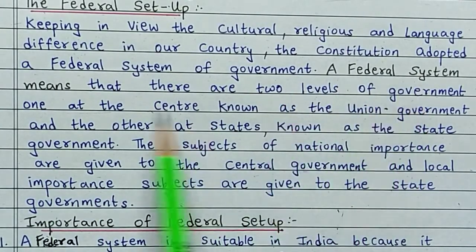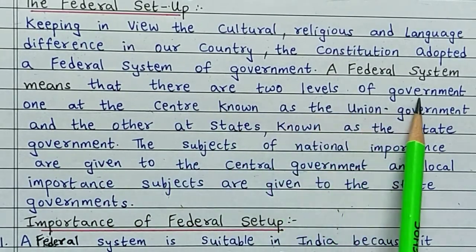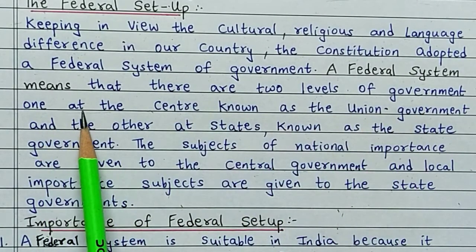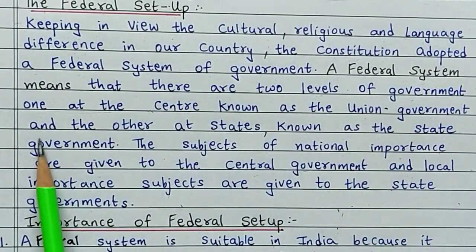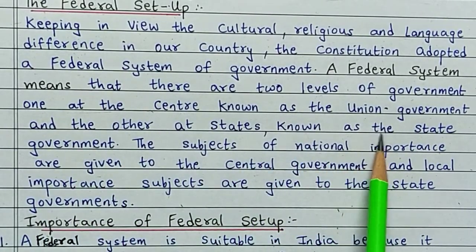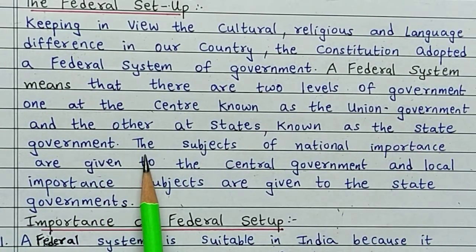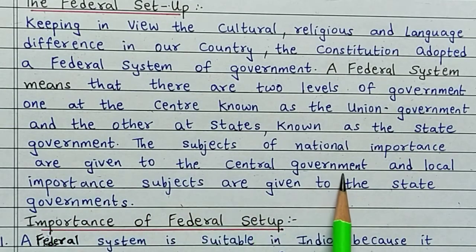A federal system means that there are two levels of government: one at the center, known as the union government, and the other at the states, known as the state government. The subjects of national importance are given to the central government and locally important subjects are given to the state governments.